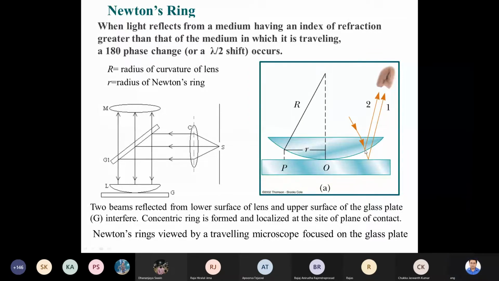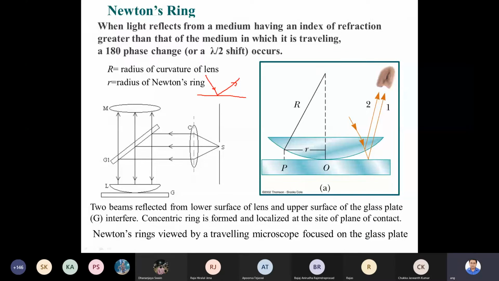Suppose you have a glass plate here, a reflecting surface, and a ray is incident and it is reflecting like this. So what will be the phase change here?